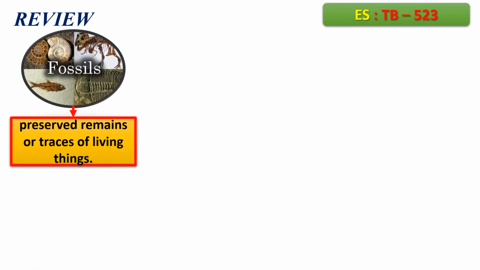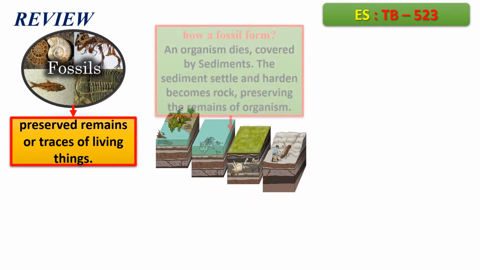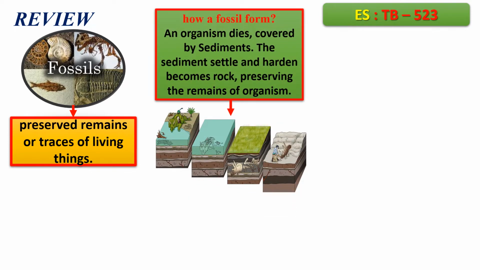Review for the lesson. In this lesson, we are going to check what is a fossil: preserved remains or traces of living things. How a fossil forms: an organism dies and is covered by sediments.